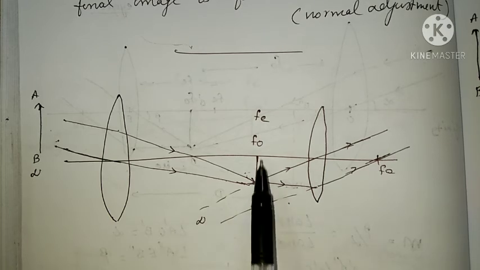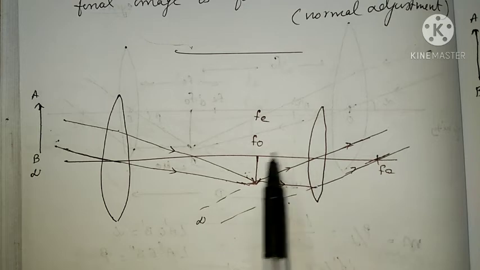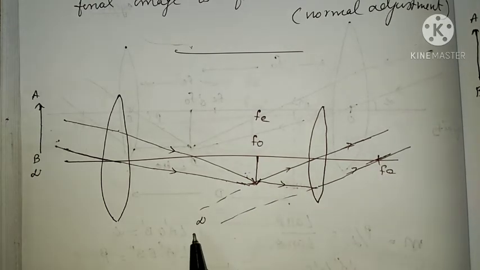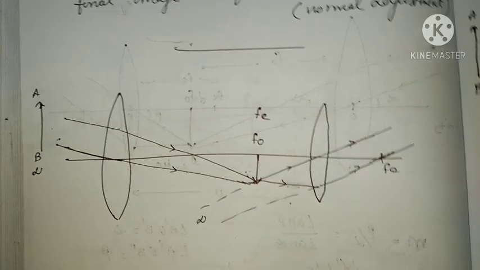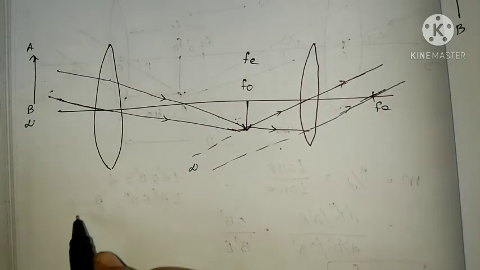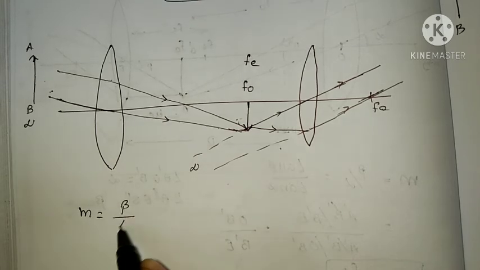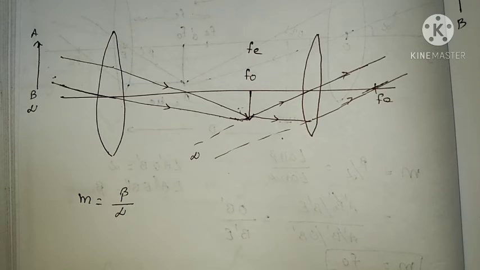So the object of the eyepiece is placed at the focus of the eyepiece, then only we get the final image at infinity. Then we can find the magnifying power, m equal to beta by alpha. What are beta and alpha in the figure?